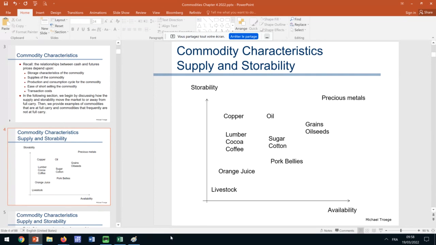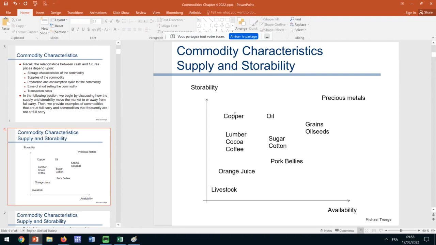On the other end, you have livestock, live cattle, which are very impossible to store and not easily available. If you don't have cattle produced, then you cannot just borrow them from somewhere. That's not the case for gold. You have hundreds of tons of gold in the cellars of most banks, so it's very easy to borrow. And the other commodities here are somewhere in between.